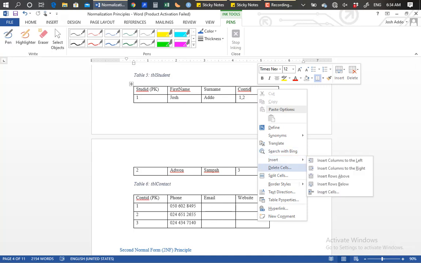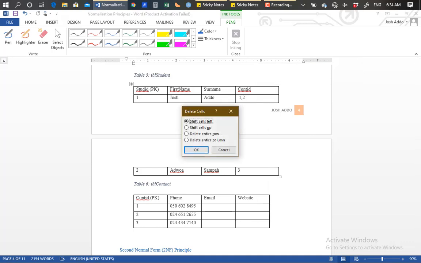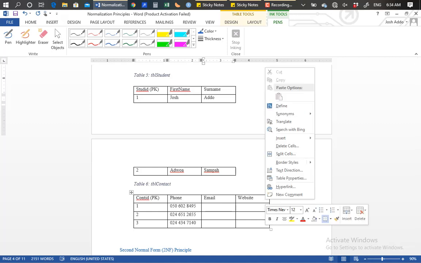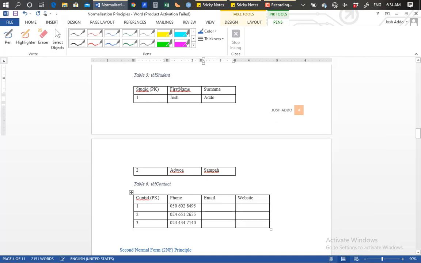So let's delete this column. Okay, and rather insert another column into here. Then let's copy this one and paste here.